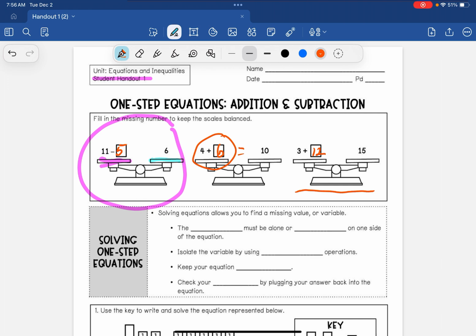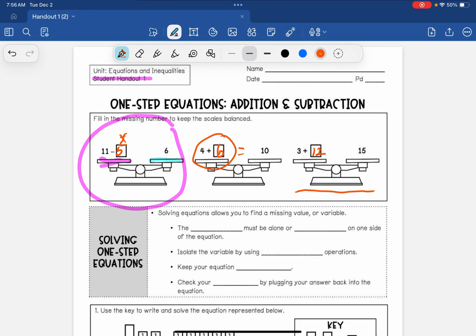Now, in order to figure out what that missing number would be, we have to get the number by itself. So in the equations we're going to look at, instead of having a box there, they're going to have an x there or a y or some other variable. So when we solve the equations, it allows us to find that missing variable.